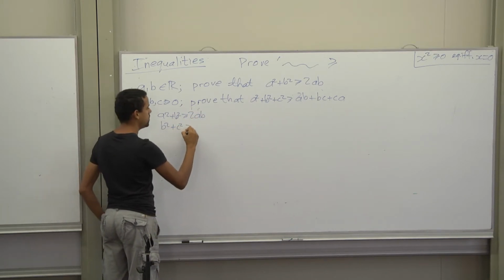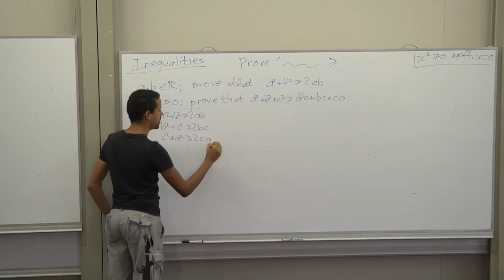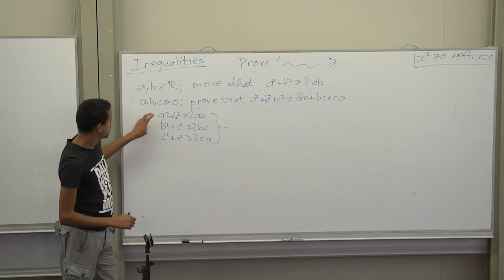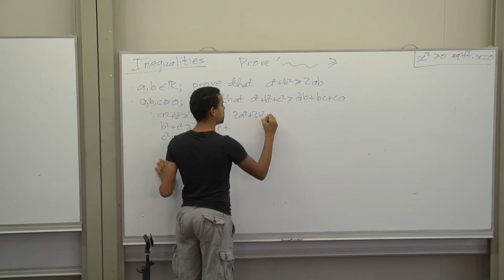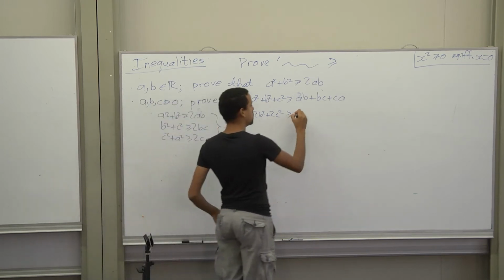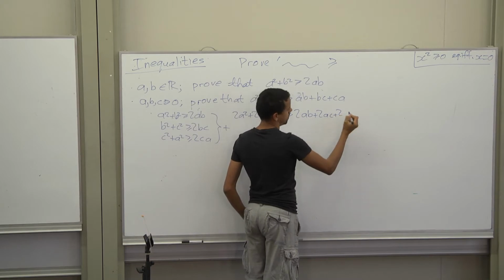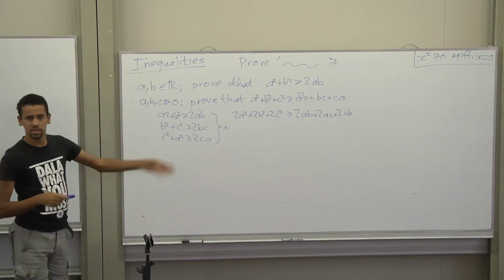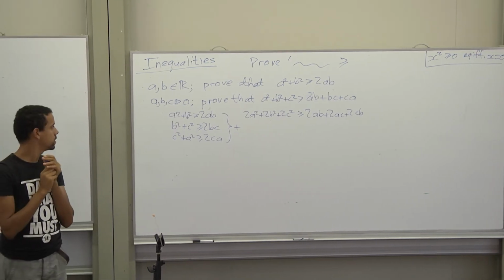Same for B and C, and C and A. If you add them all together, what you get is that 2A squared plus 2B squared plus 2C squared is greater than or equal to 2AB, 2AC, 2CB. And then you can just divide by 2 on each side. Good.